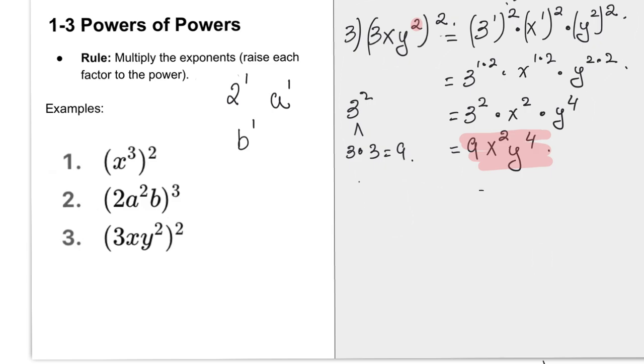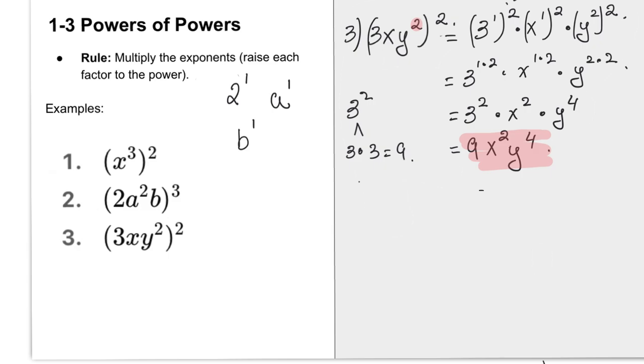Example 5 is 5 raised to the second power raised to the third power, and then, one more extra if you want, x raised to the third power, and this will be raised to the fifth power. Go ahead and pause the video and try on your own.